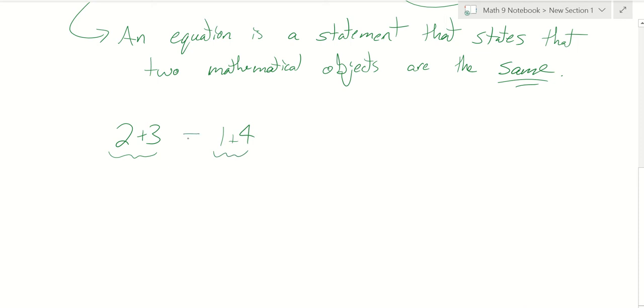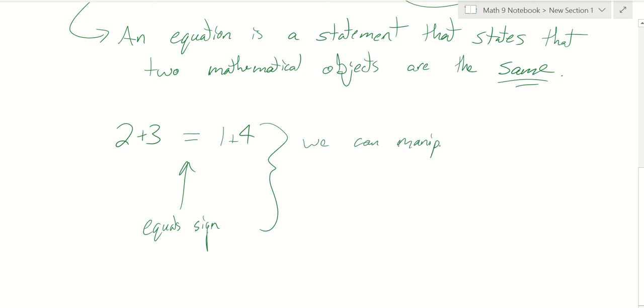Well, they're really identical. They're the same thing. This is 5 and this is 5. So to state the sameness of these two objects, we relate them with a symbol, and that symbol is an equal sign. So that's what an equation is.